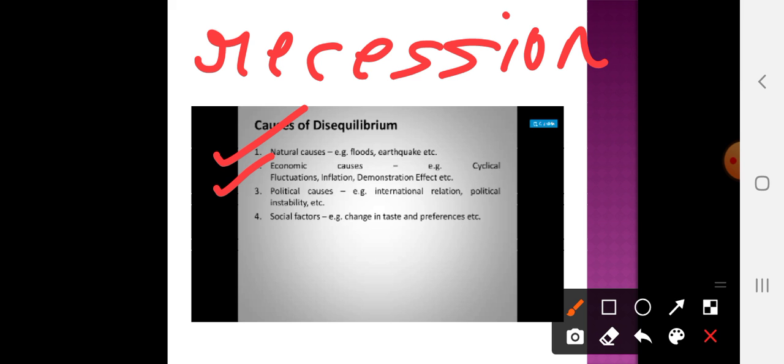Then it can be inflation. As I said in yesterday's class, inflation is the increase day by day in the rate of goods and services. That is a very dangerous situation, because people are suffering to earn nowadays, and how will they be able to meet their basic needs?